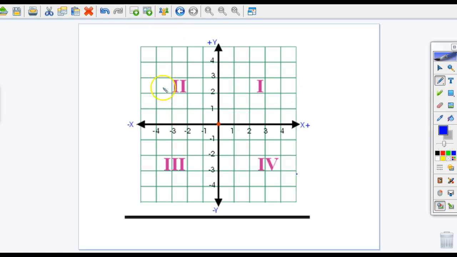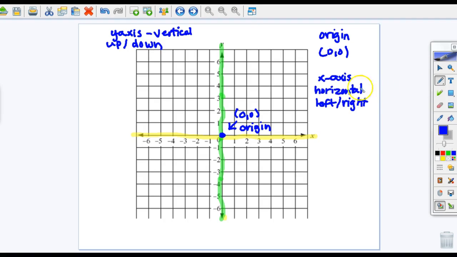So on this one here, I'm just going to focus on our ordered pairs. So an ordered pair is going to be, again, my x and my y. Okay. So my x value, just like I set up here, is going to tell me left or right.